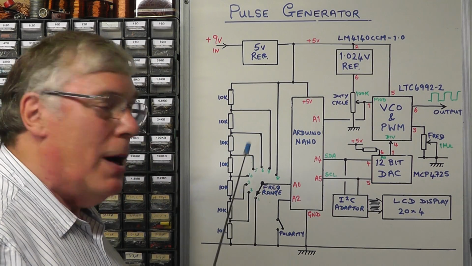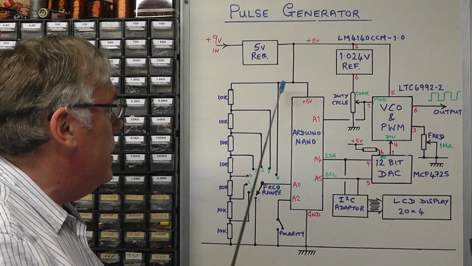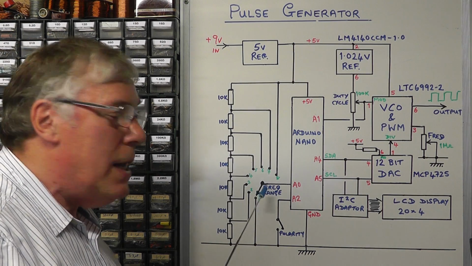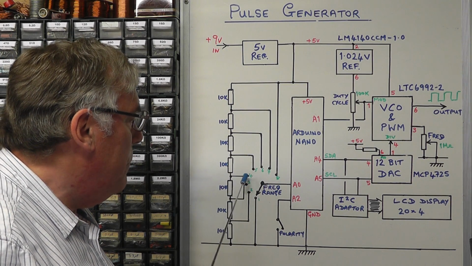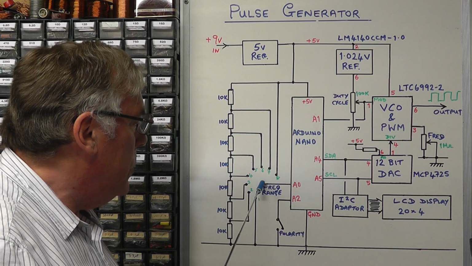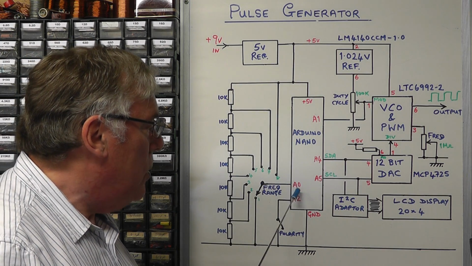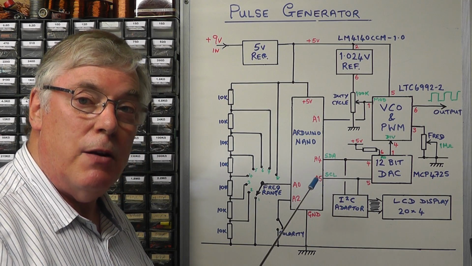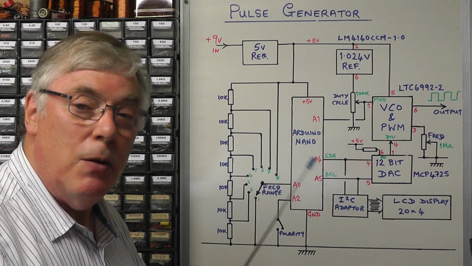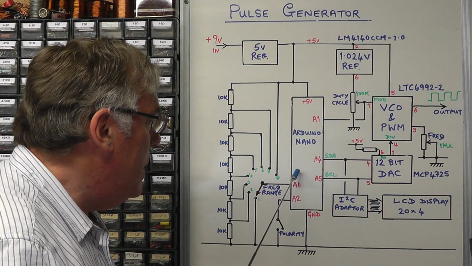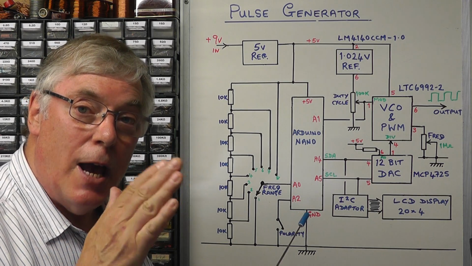And all I'm doing here quite simply is using a potential divider between ground and plus 5 volts, and as I flick that selector switch up through that divider, we'll get a different voltage onto the centre of that selector switch. I'm feeding that voltage onto analog pin A0 of the Arduino Nano, and then we'll use software within the Nano to determine that voltage, and that will determine which position I'm in.